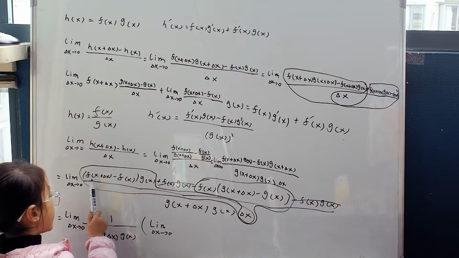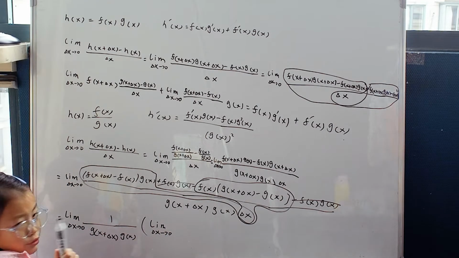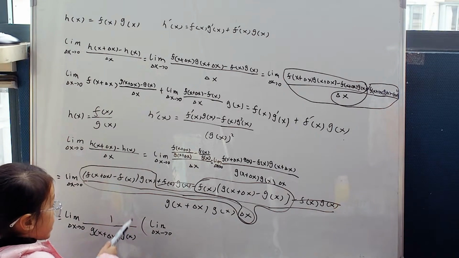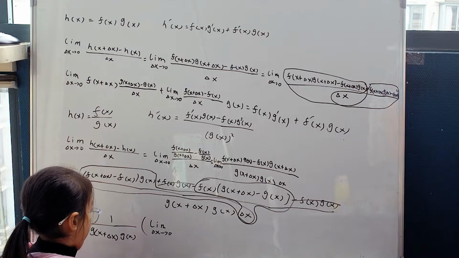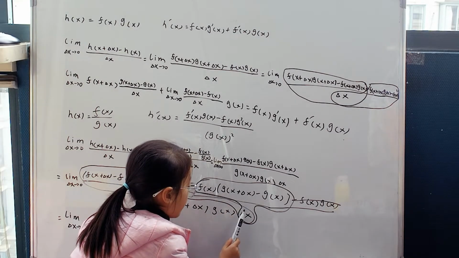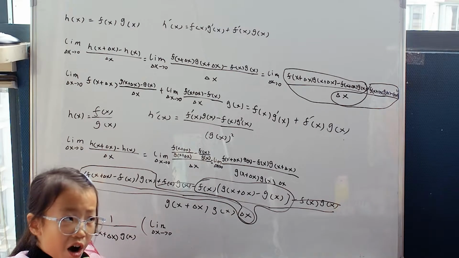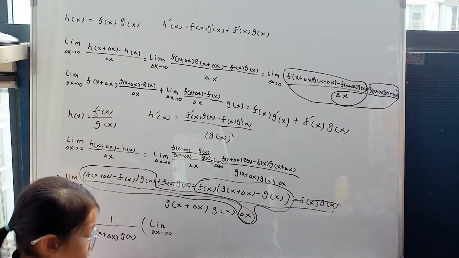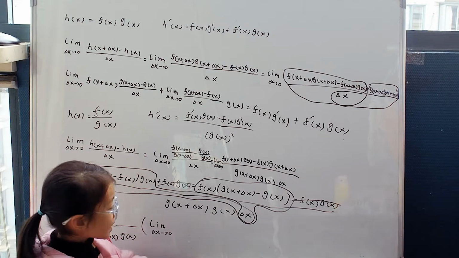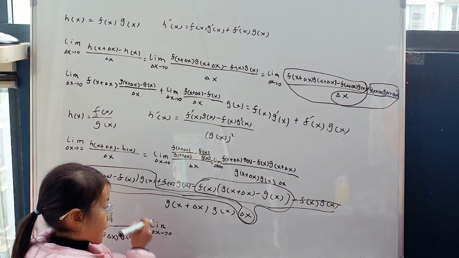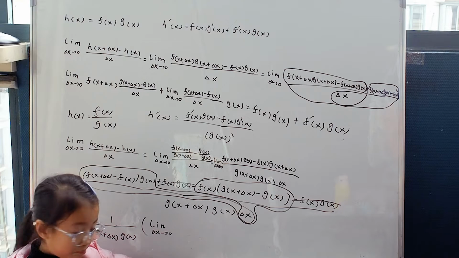This one divided by delta x is another form of the derivative of f of x. And this part divided by delta x is another form of the derivative of g of x, right? We can still make two parts. That's why I write brackets, because they have a part minus a part.